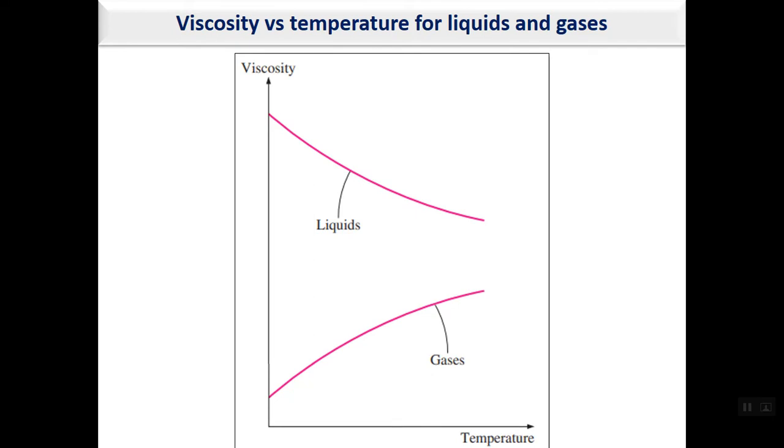Viscosity is a function of temperature for liquids and a function of temperature and pressure for gases. Regarding temperature effect, as you can see here, for the liquids, increasing the temperature decreases the viscosity, while for the gases, increasing the temperature will also increase the viscosity. This is an important characteristic and difference between liquids and gases.